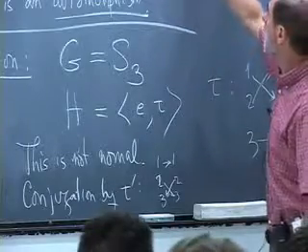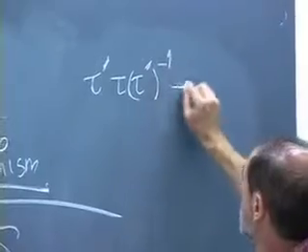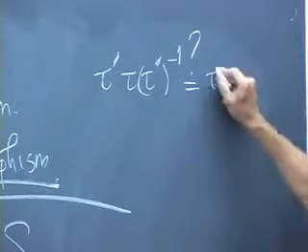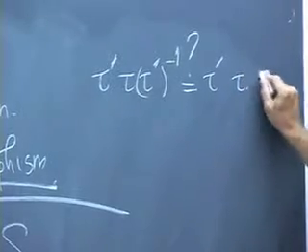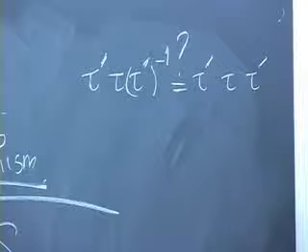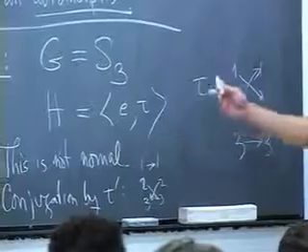But what is tau prime tau tau prime inverse? Well, tau prime inverse is the same as tau prime. So we're calculating tau prime tau tau prime. If it's tau, we'll be able to tell by just evaluating it on 3, because tau is the unique element in the group other than the identity that fixes 3. So let's see if it's tau or not.